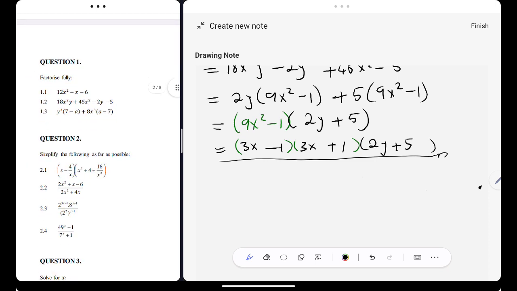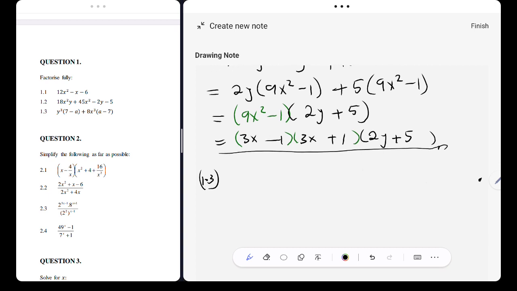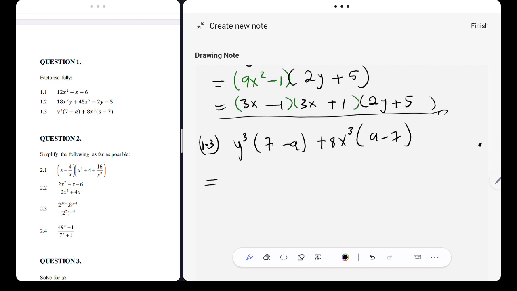Okay. And then 1.3. I'm supposed to factorize fully y cubed times 7 minus a, plus 8x cubed times a minus 7. Okay. How can I go with this?